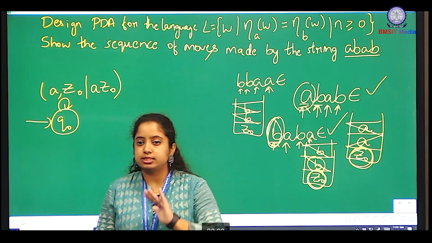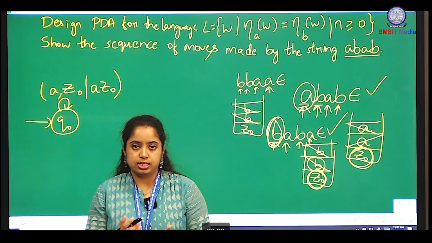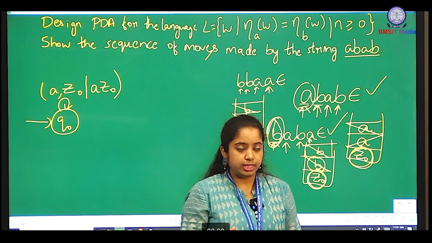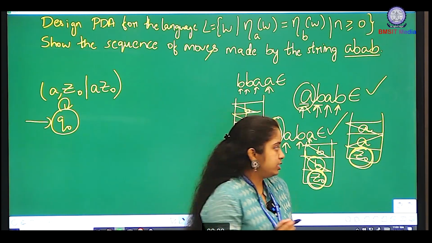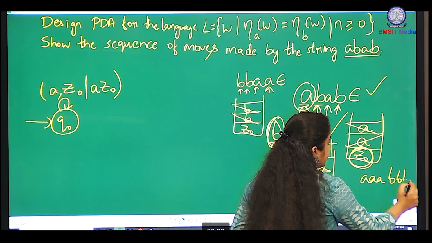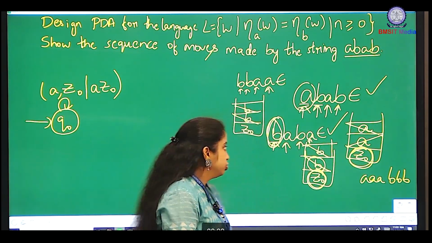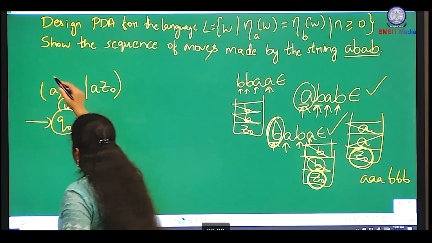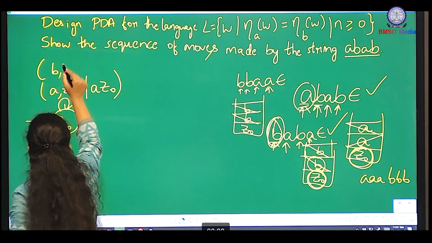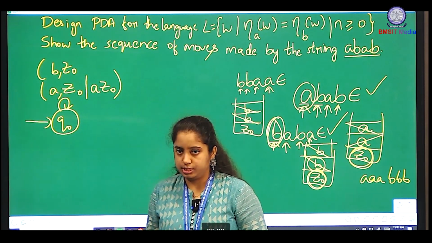Why are we staying in the same state? Because we do not know the order of A's and B's. In the previous example what we have seen, we had first all A's, then only we used to receive B's. But here there is no such condition. So you can have A and B in any order, so you need to stay in the same state.